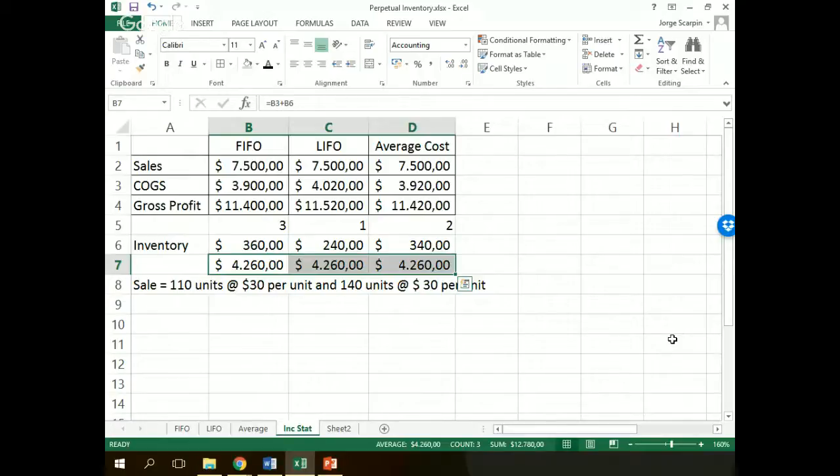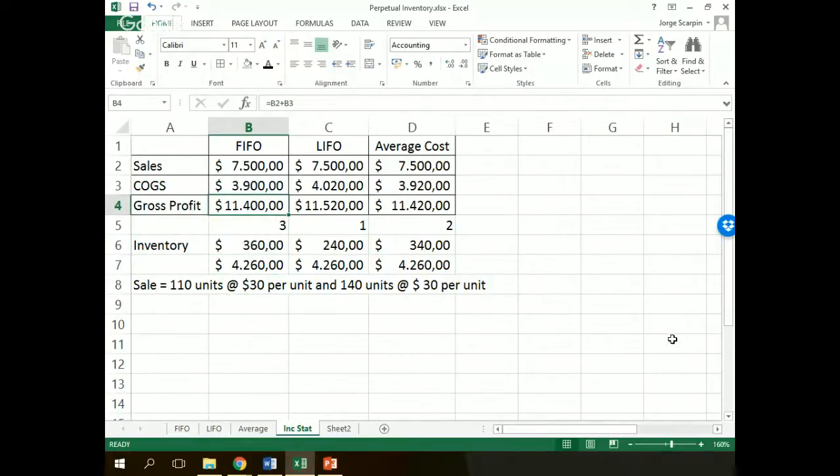So in this case, it's the same value, so it's correct. If our cost of goods sold is lower, our inventory will be higher and the sum will always be the same, because we work with cost numbers or purchase numbers.